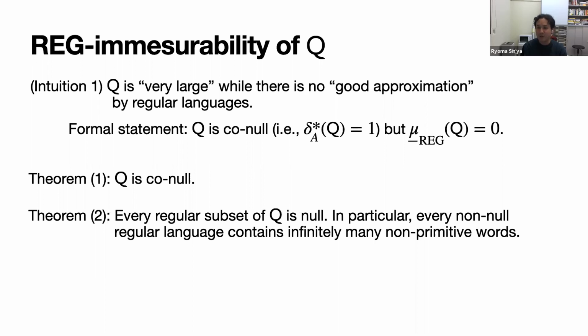So in particular, every non-null regular language contains infinitely many non-primitive words, I mean. The proof of Theorem 1 is very easy and maybe folklore because the structure of the generating function of Q is well studied, but I can't find any literature which explicitly pointed out this fact.